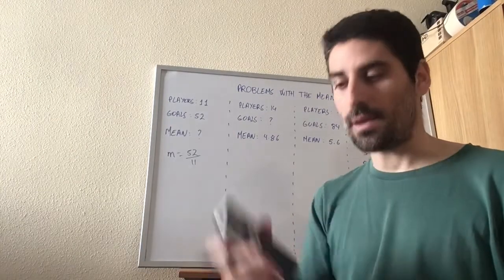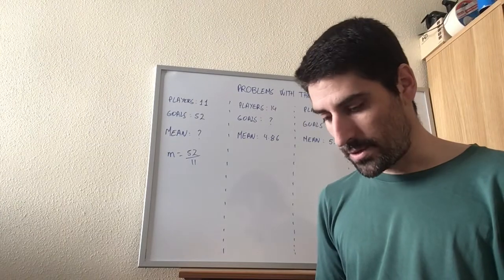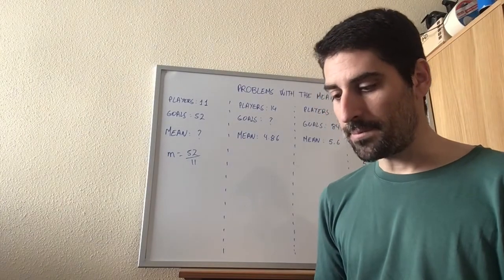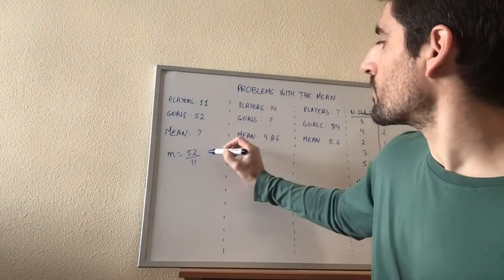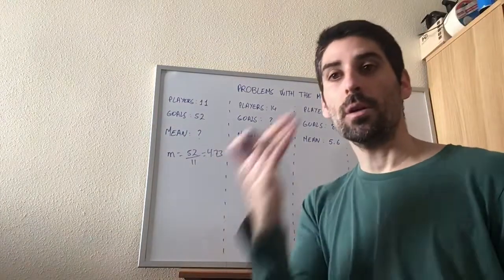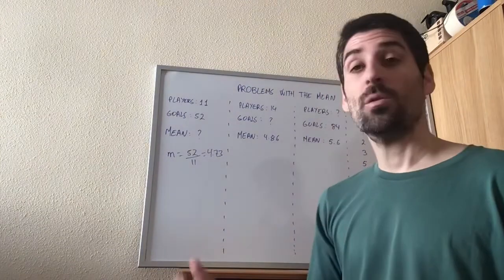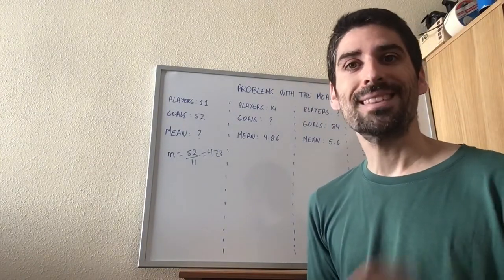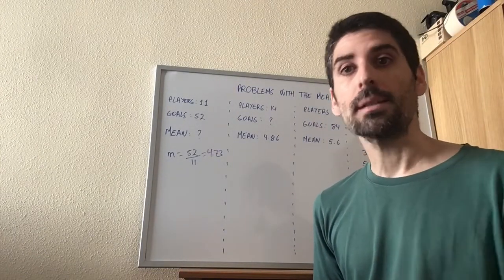So you get your calculator out and you do 52 divided by 11, 4.73 if I round to 2 decimal places. So every player scores almost 5 goals, 4.73. Done, easy, sorted. All right, let's move along.